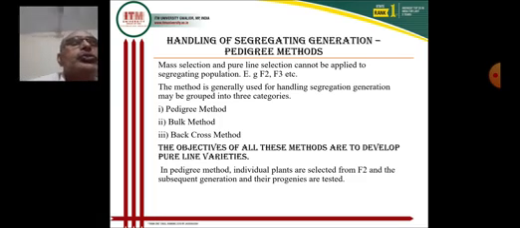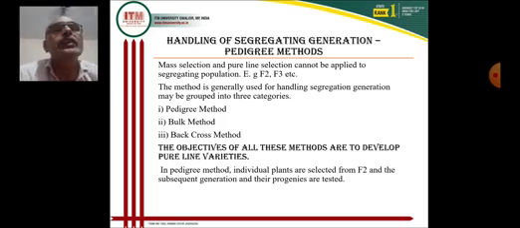When we cross two individuals having dissimilar genotype, the first generation is known as F1 generation or first filial. If the seed of first generation are used to grow next generation, the next generation will be known as F2 generation. Similarly, F3 and F4 generation.